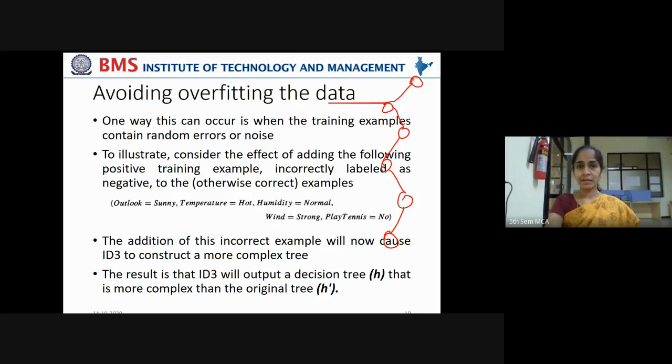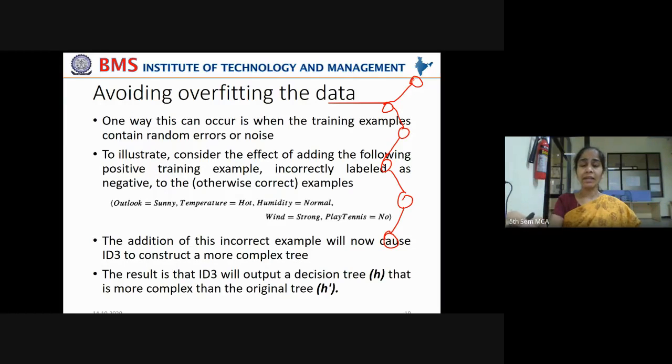To illustrate, let me give you an example. Consider the effect of adding the following positive training example incorrectly labeled as negative to the training example set that we have taken at the beginning of this chapter. 14 days of data is given with labels whether tennis is played on those days given the weather conditions, right?